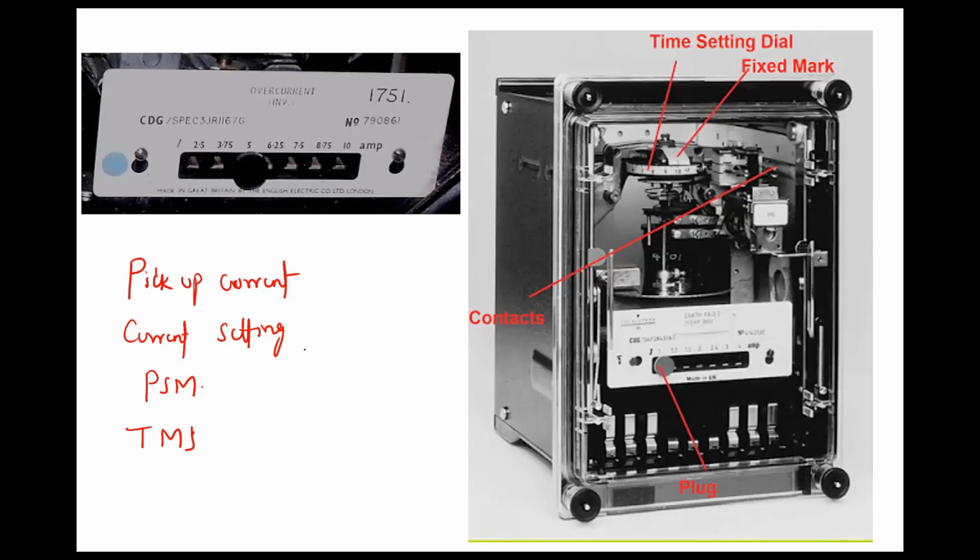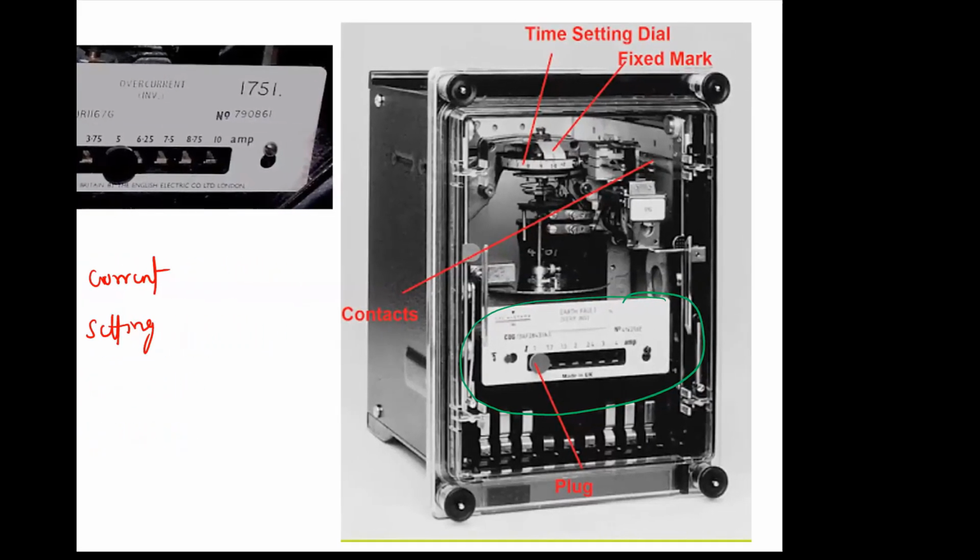Now you can see one overcurrent relay. If you carefully observe here, this is the plug setting bridge. Here a slider is there: 1, 1.2, 1.3, 2, 2.4, 3, 4. Either this can be called directly current setting or plug setting, whatever you call it.